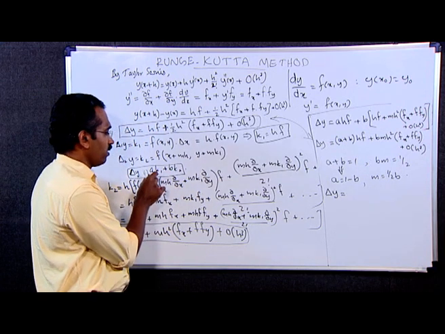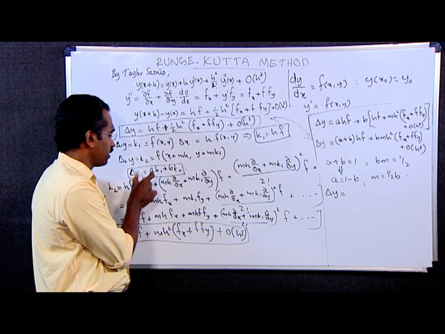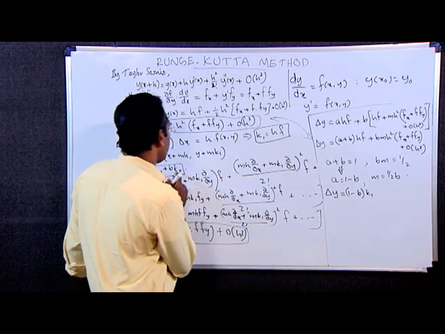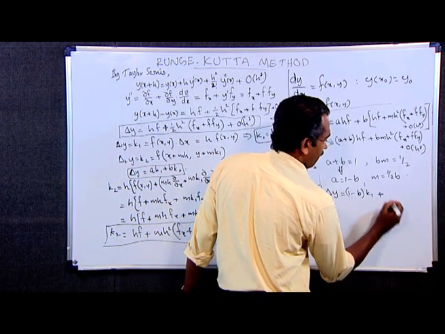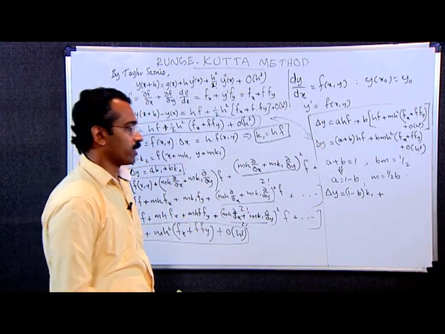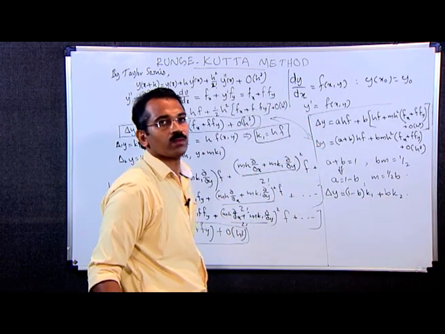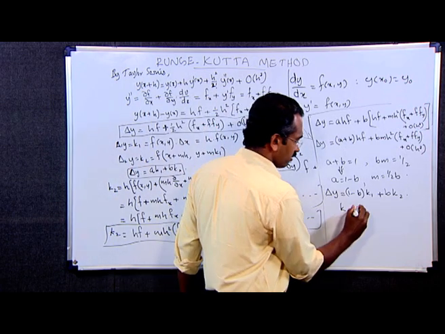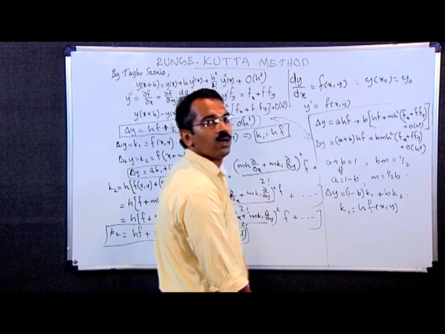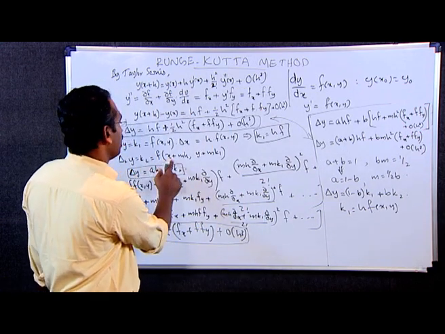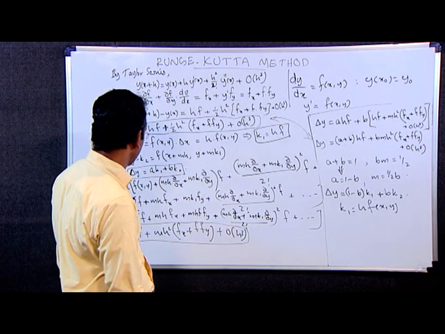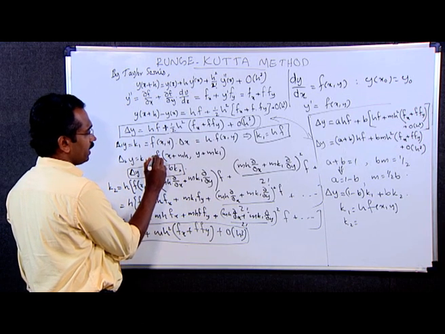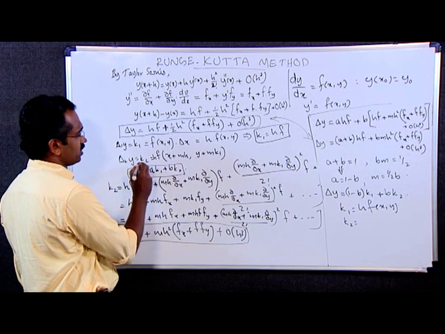Therefore, we can write delta y with a as 1 minus b and m as 1 by 2b. Substituting values of a and b in this expression, we can write delta y as 1 minus b into k1 plus b into k2, where k1 is h into f, f means f of x y, and k2 is h into f of x plus mh, y plus mk1, which is taken as k2.